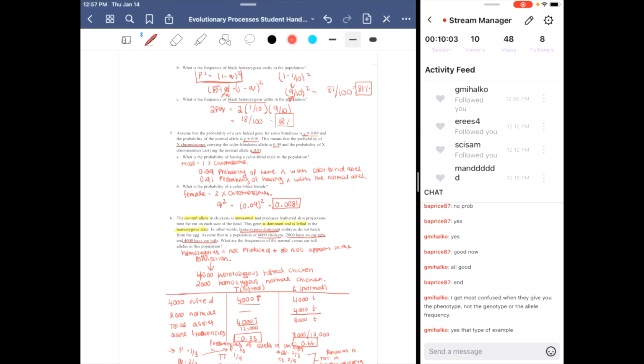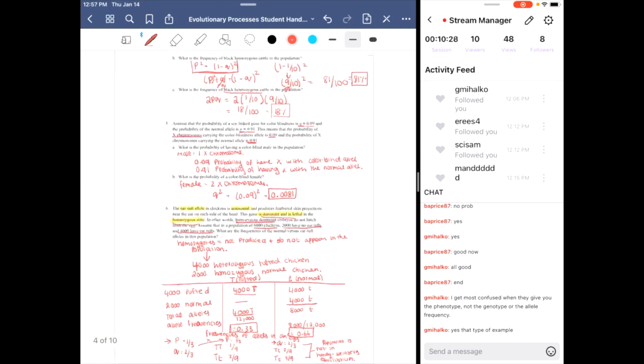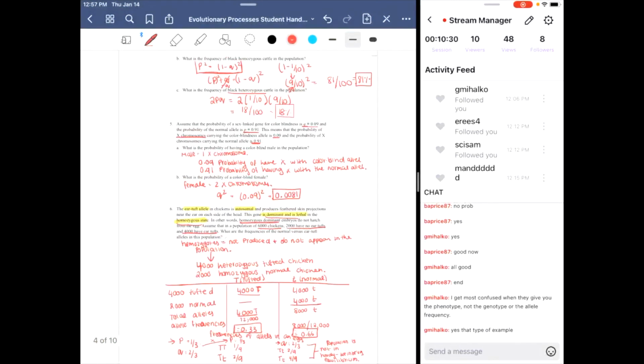But then they tell you that that gene is dominant and lethal in the homozygous state, so from that you know that the feathered skin, if it's like big A, since it's saying dominant and homozygous, then you know that's the genotype that they're referring to. Was that what you were kind of asking about, or did I totally miss the question?